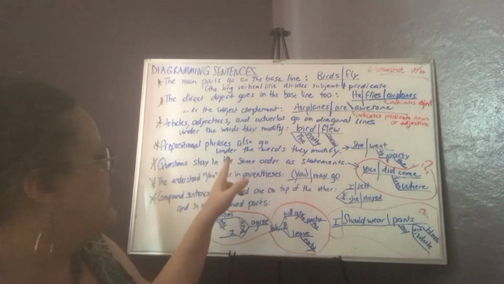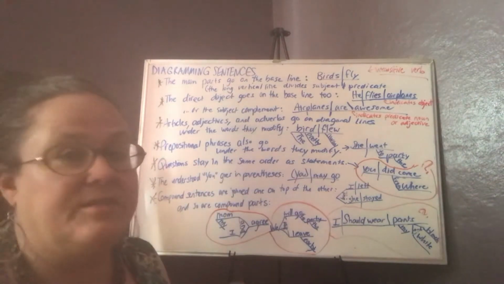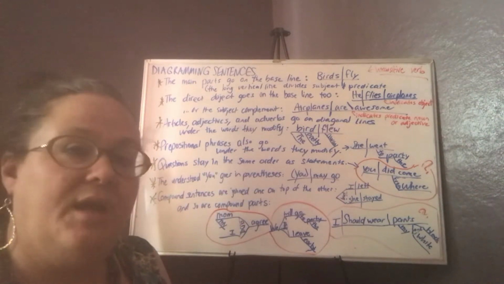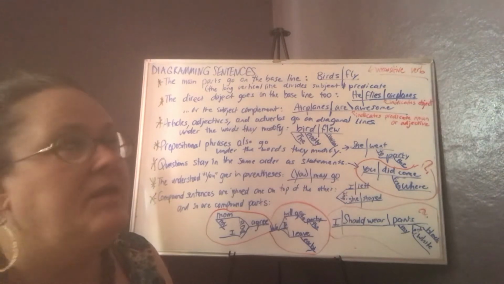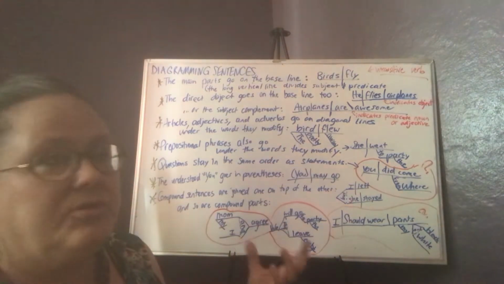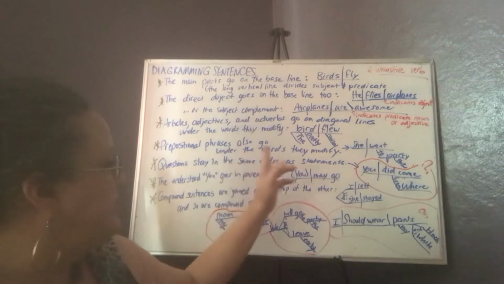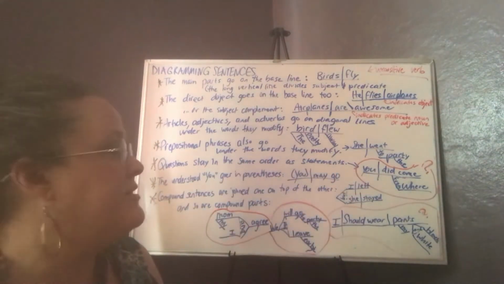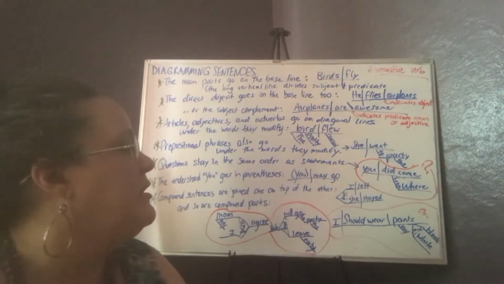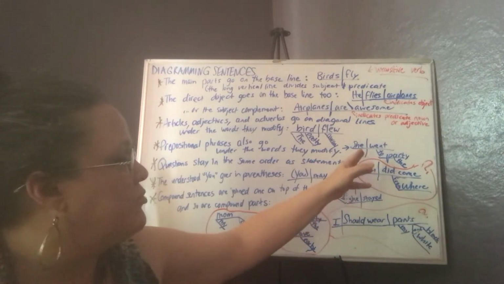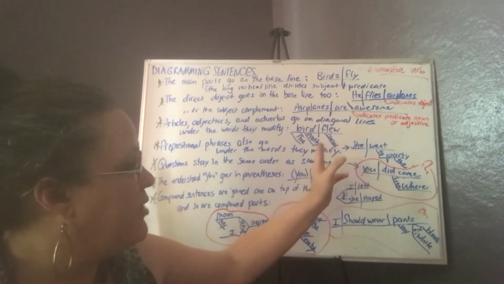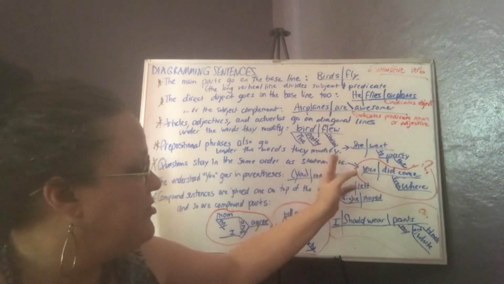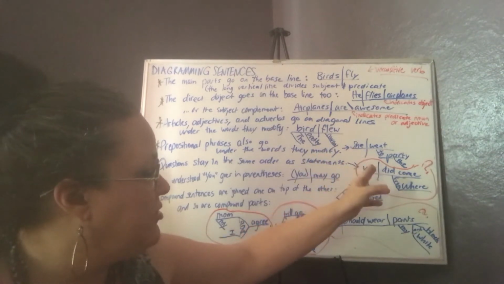So you can see that things that modify things go underneath them. Prepositional phrases also go under the words they modify. If it's an adjective phrase, it goes under the adjective, under the noun. If it's an adverb phrase, it goes under the word it modifies. So, she went to the party. In this case, we have an adverb phrase that modifies the verb went. The preposition, the word to, goes in a similar way as a normal adverb on that diagonal line.